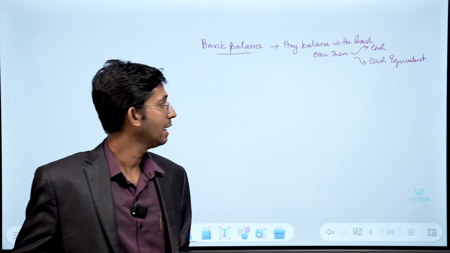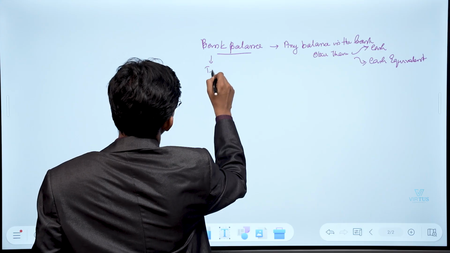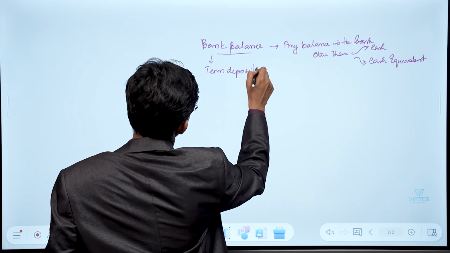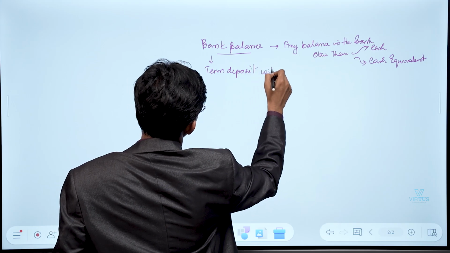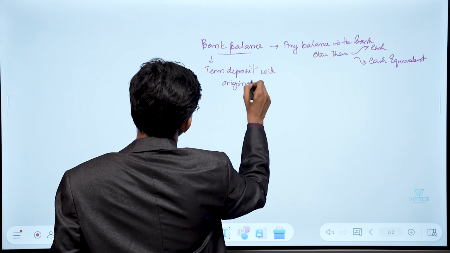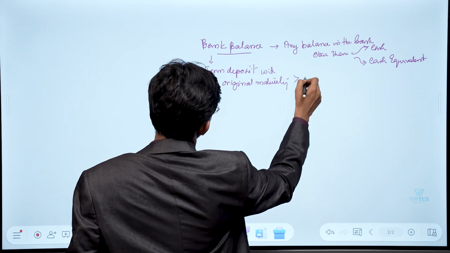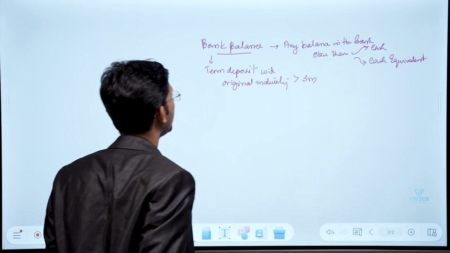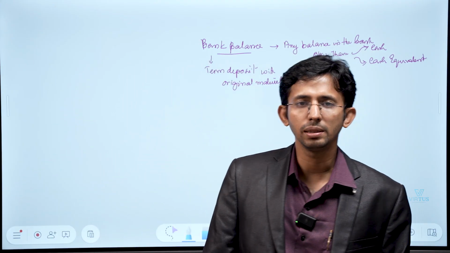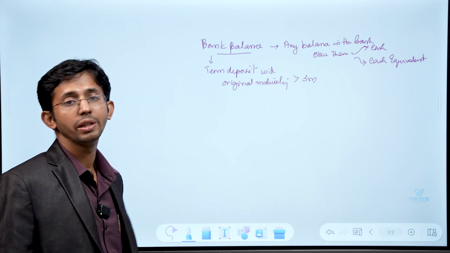Okay. So typically any term deposits with original maturity above 3 months will be taken to be bank balance. So when you prepare the financial statements, especially according to Schedule 3, you have to give this classification very clearly.